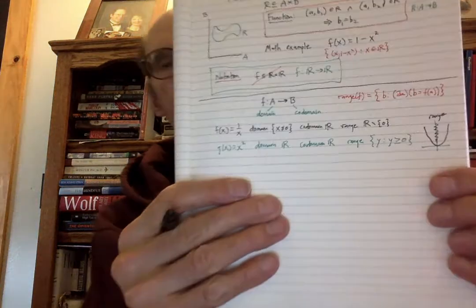So the range is the set of y with the property that y is greater than or equal to 0. If I do a quick cartoon of the graph here, you'll see that. I'm highlighting the range. From the get-go, the output of this function is a real number, so that makes the codomain the real numbers. But when you examine it more closely, you realize you don't get all the real numbers, and what you actually get is the range.